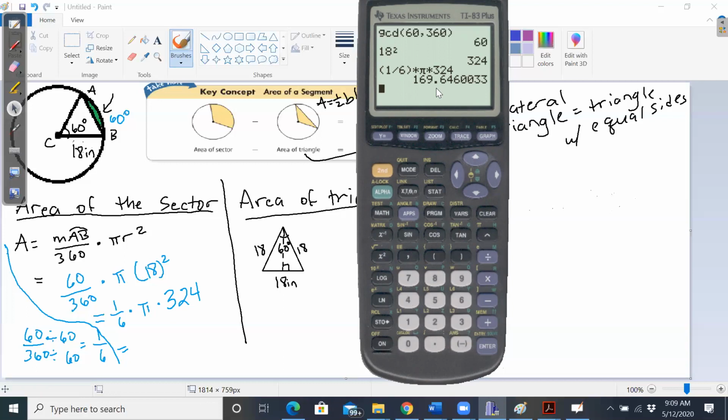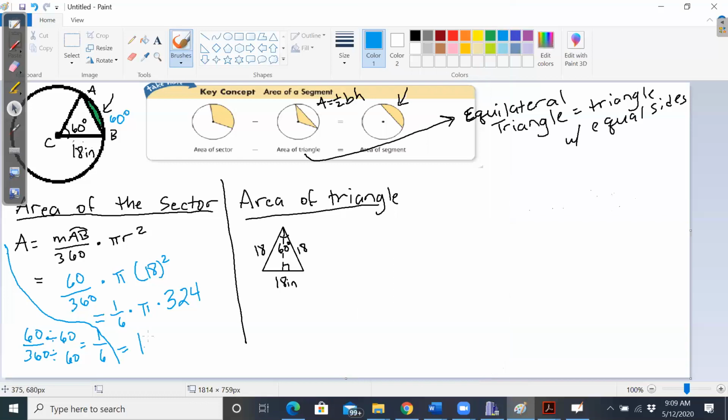Now with this, you want to take it to the nearest hundredths place, so I'm going to round it to 169.65. Let's write that down: 169.65.